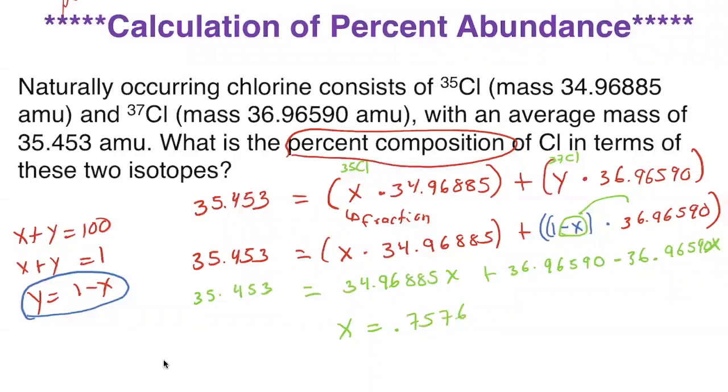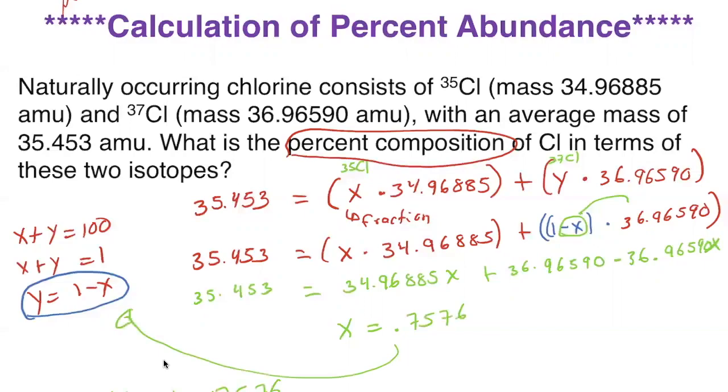What is your Y? Go back and solve for your Y. So your Y is going to equal 1 minus 0.7576, which comes out to 0.2424. This is the fraction.